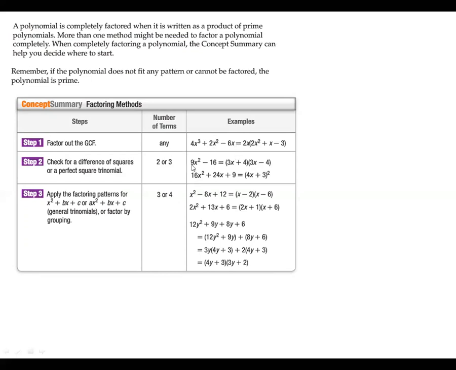You can check to see if there is a difference of squares or if it's a perfect square trinomial. You could also apply factoring patterns for x squared plus bx plus c or ax squared plus bx plus c, or factor by grouping. And usually if you do factor by grouping, there's usually going to be 4 terms. Okay, so those are the options that you have.